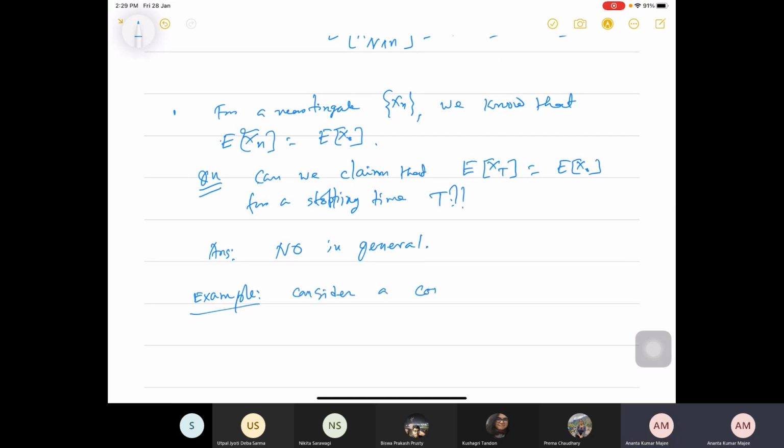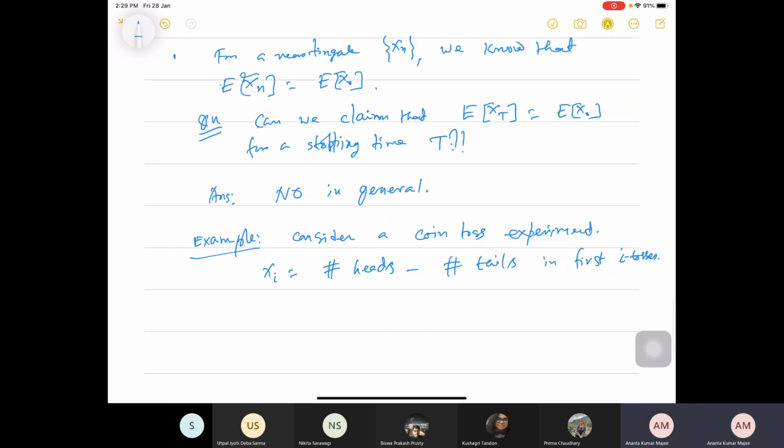I am denoting by X_i the number of heads minus the number of tails in the first i tosses.